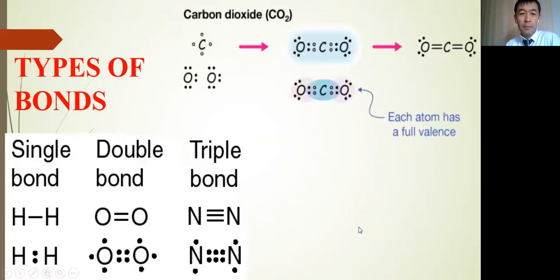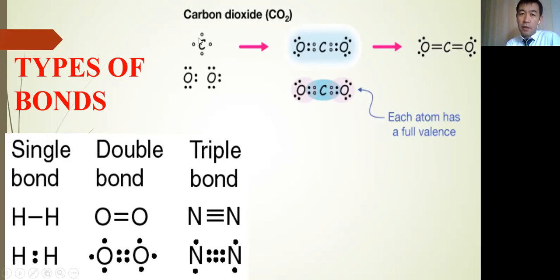Now let's consider the bonding between carbon and oxygen. Oxygen needs 2 electrons, as I mentioned before, because it has 6 electrons and needs another 2 to reach the 8-electron stable state. Carbon has only 4 electrons.